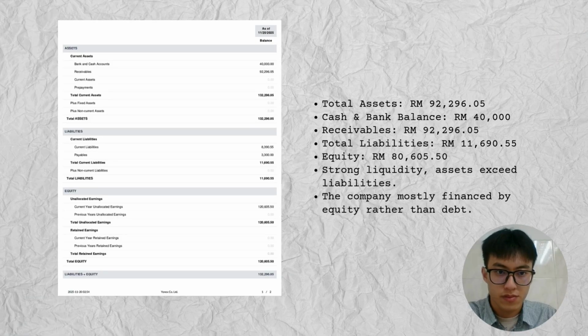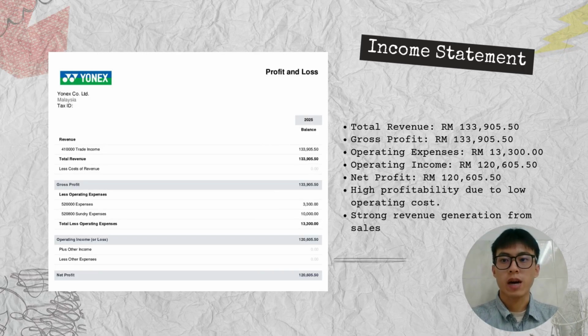Here is the income statement of Yonex. The company generated strong sales revenue of around 100,000 ringgit, which directly contributed to a high gross profit because there were no recorded cost of goods. So operating expenses were kept relatively low, mainly from general expenses.